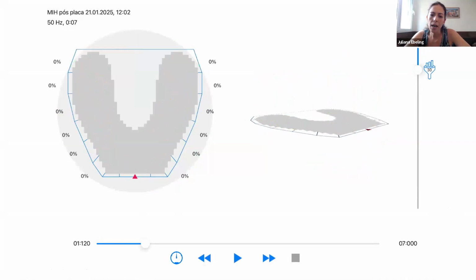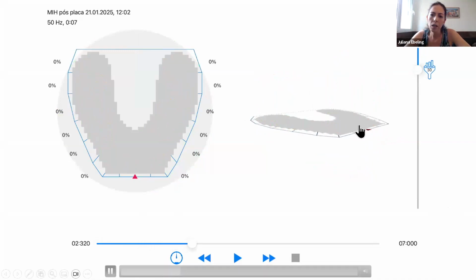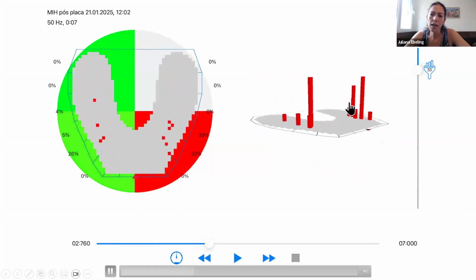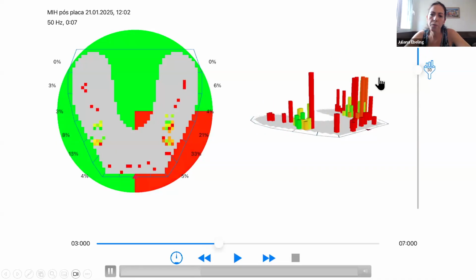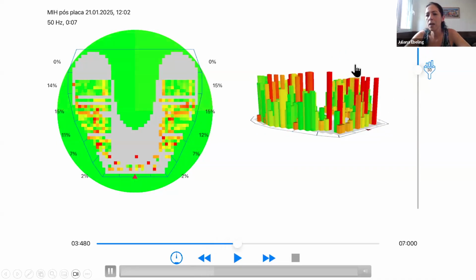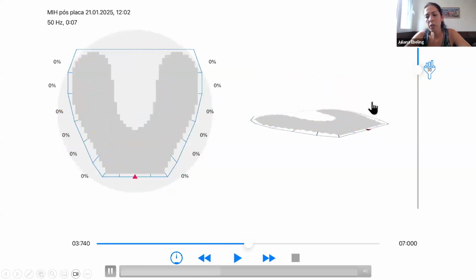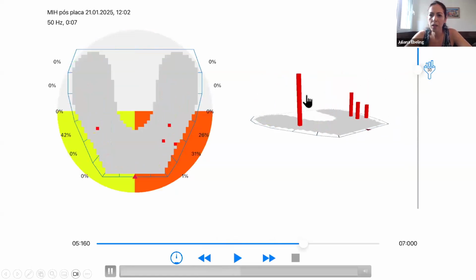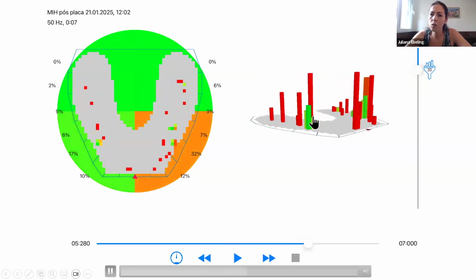Open and close. Look here. Look at those teeth that are sensitive. They last for a time here. And we will see that during the movements, we also have overload here.